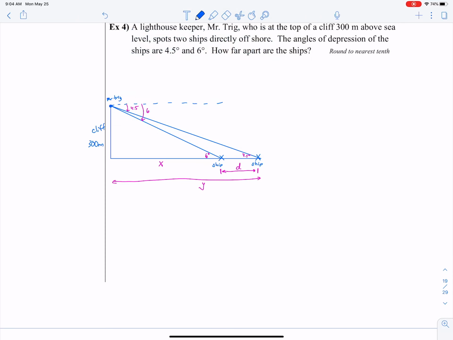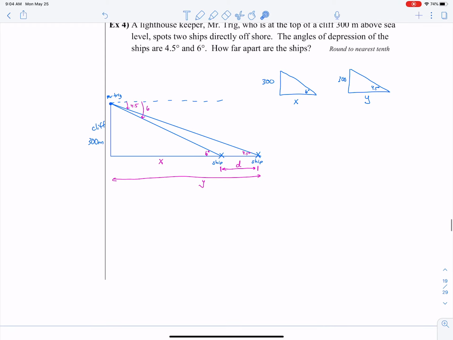Okay? To do that, we're going to consider this as two separate triangles. We're going to have one triangle that has 300, 6 degrees, and x on the bottom. We're going to have a second triangle that has 300, y, and 4.5 degrees.